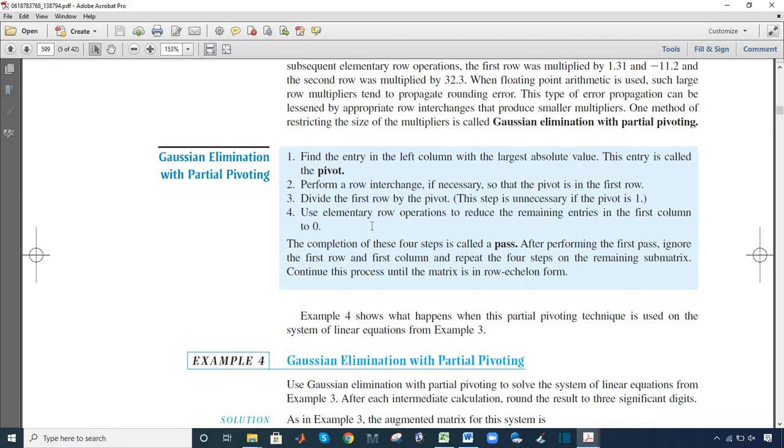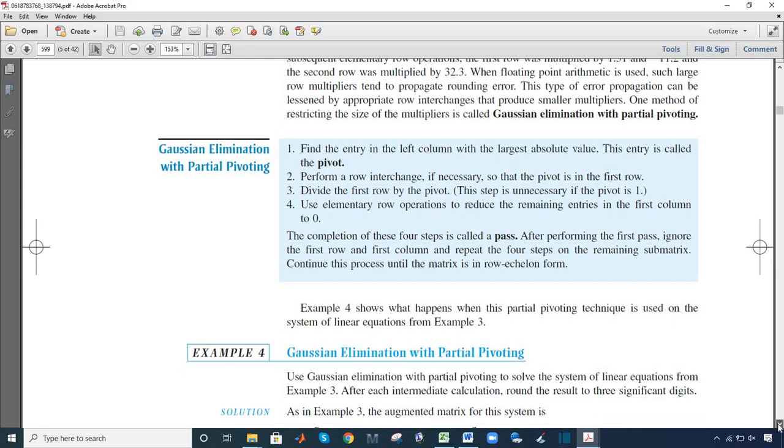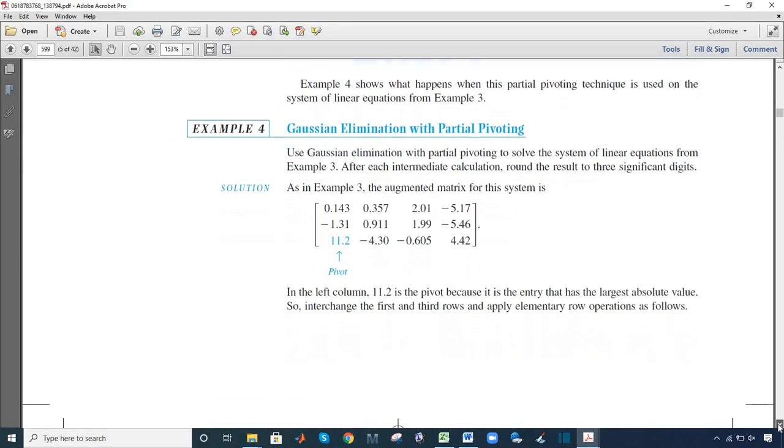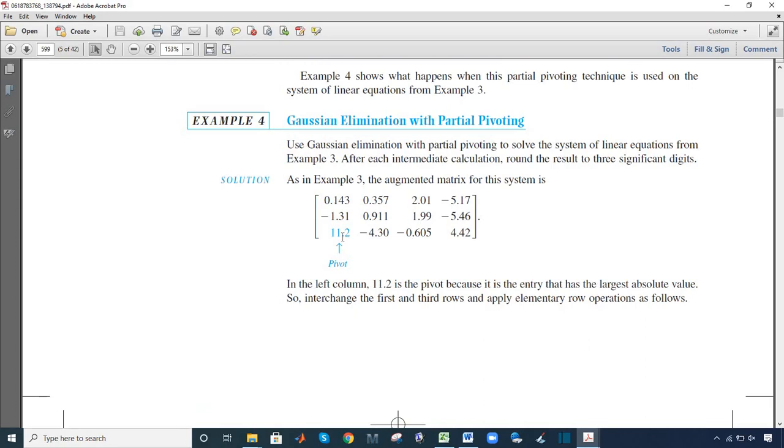This is also a procedure explained for pivoting or partial pivoting. This is the pivot element.